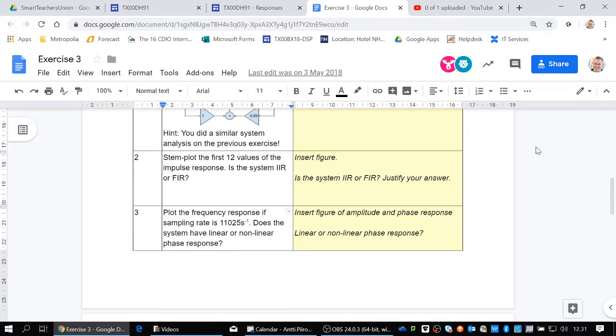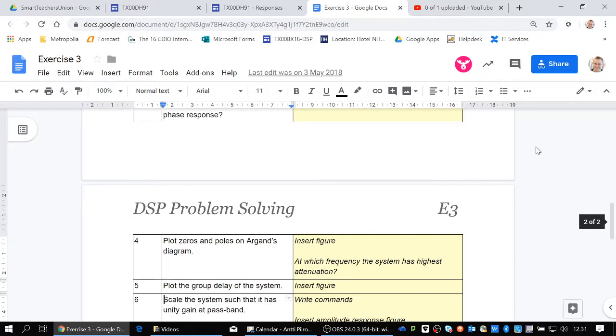After that, plotting the frequency response if the sampling rate is given 11 or 25. And then from the phase response picture, you should be able to see if it's a linear phase or nonlinear phase. Then the zero-pole plot.